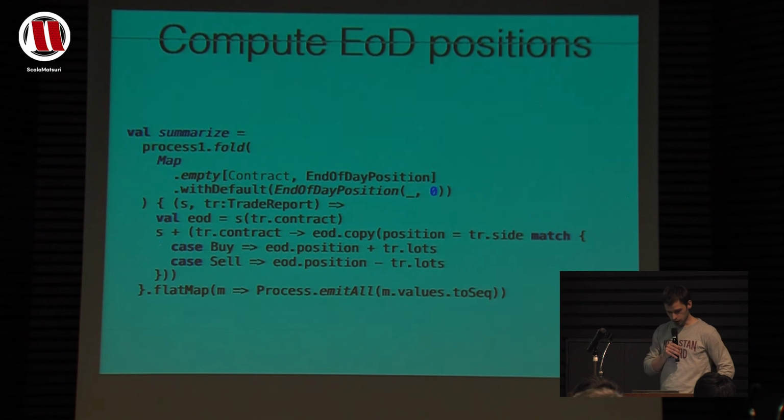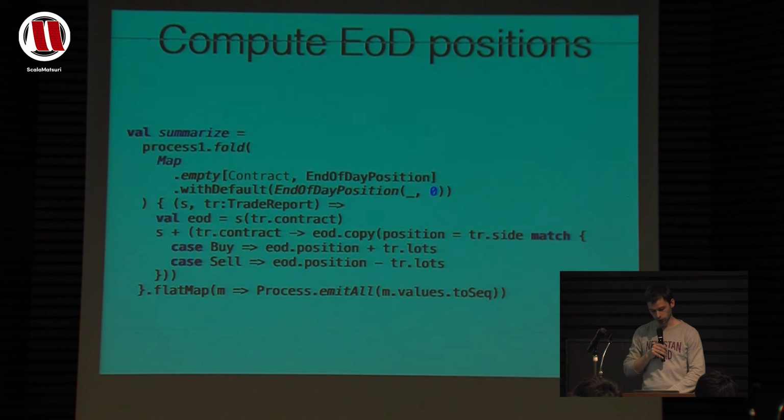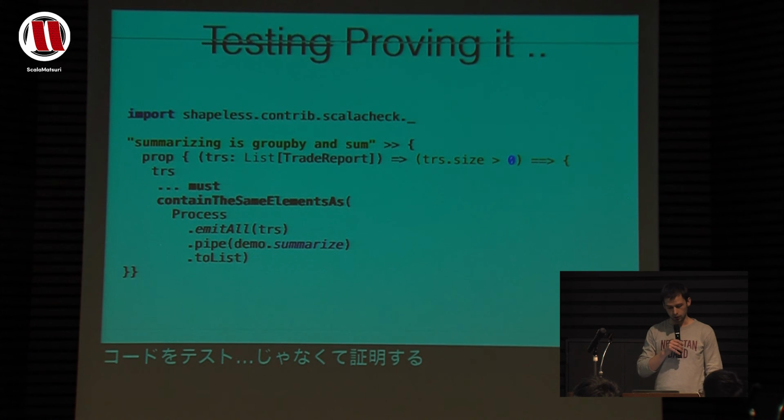What you can't see here, but is actually happening behind the scenes: Process 1 always creates a pure process, so process nothing of some value type. And process nothing always gives us the chance to actually test this thing using ScalaCheck.